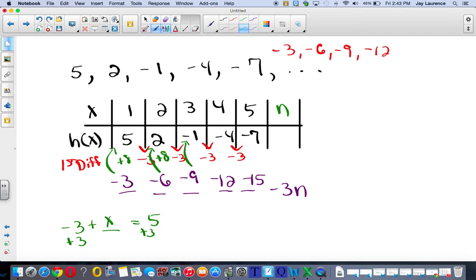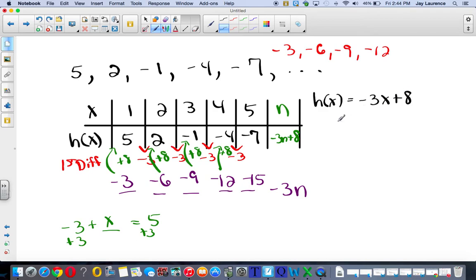How do I turn negative 9 into negative 1? I add 8. It looks like I'm adding 8 every single time. So I'm going to take negative 3n and add 8 to it. That causes my function to be h of x equals negative 3x plus 8.